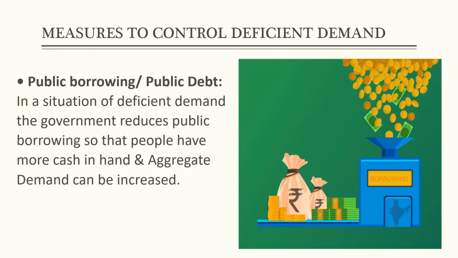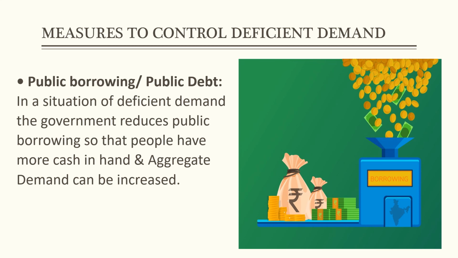Now let's see how public borrowing or public debt is used to control deficient demand. In a situation of deficient demand, the government will reduce public borrowing. Do you think that the government should sell bonds to people? No. Now they should be buying bonds from people. Because when the government buys the bonds from the people, for example, the people's purchasing power will increase.